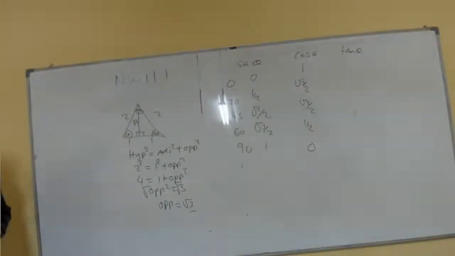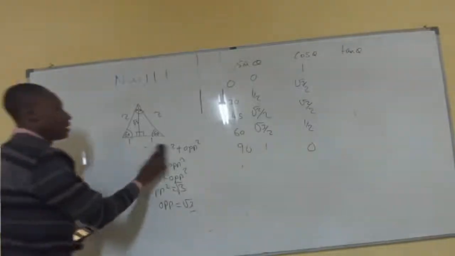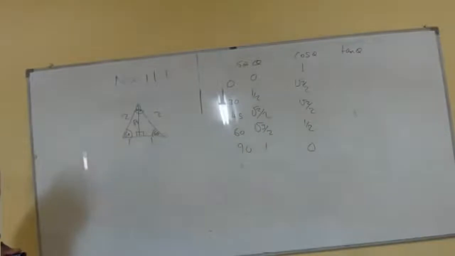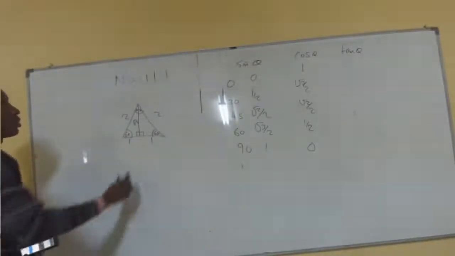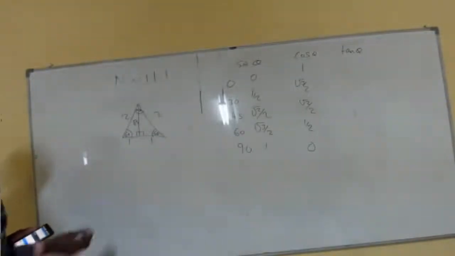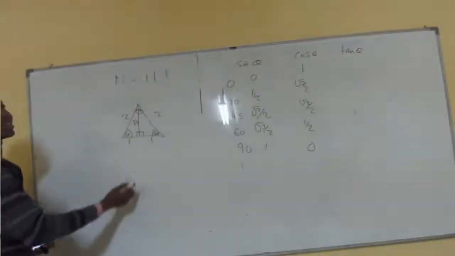Always remember that we have such a triangle with 3 equal sides, one of them is 1, 1, and we cut it in half.